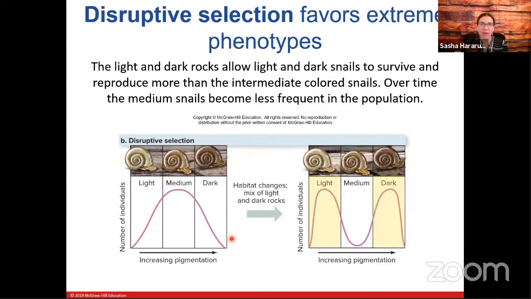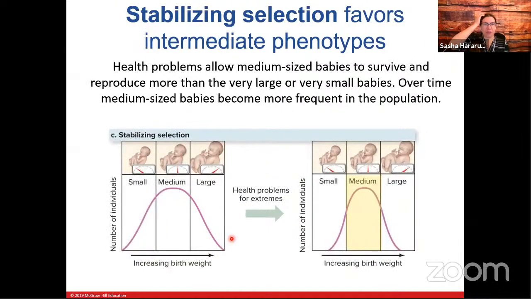Yay. So the third type of selection is the so-called stabilizing selection, and it favors intermediate phenotypes. So it favors the highest occurrence within a population, whatever metric occurred the most frequently within a population. So the example here deals with the birth weight of children.